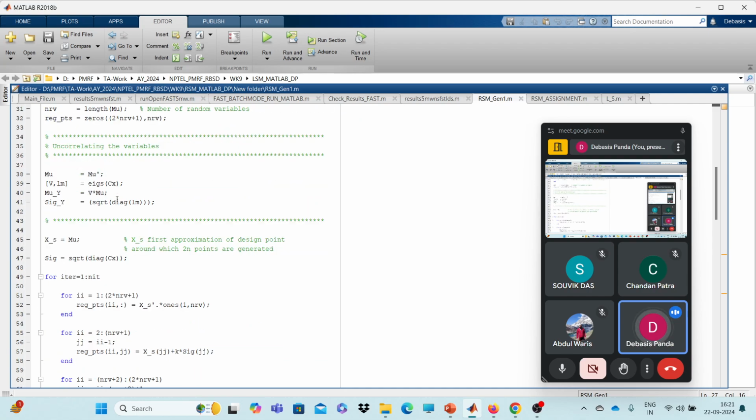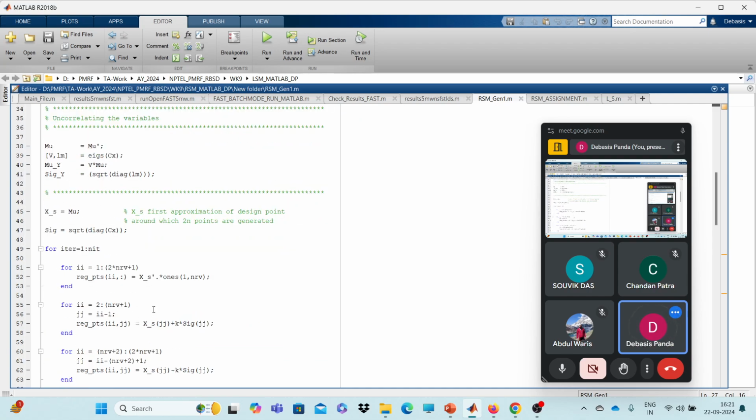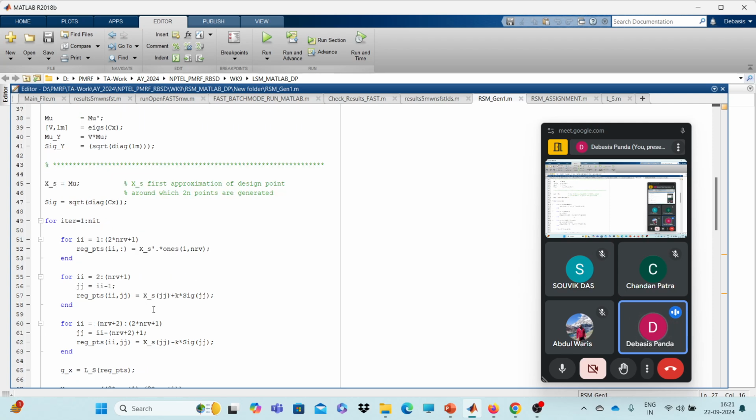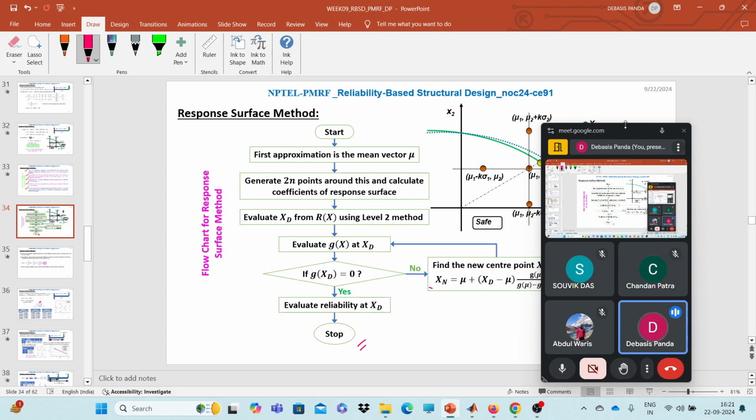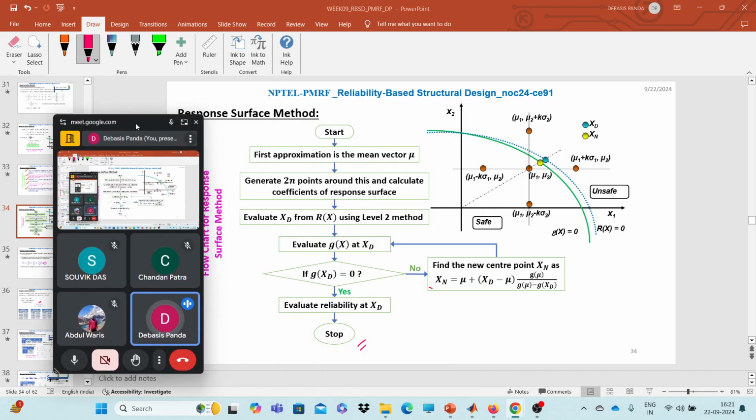So first, you need to generate 2n plus 1 number of points around the mean. The first point will be the mean, and then mean plus minus k sigma will give us the rest of the 2n number of points.